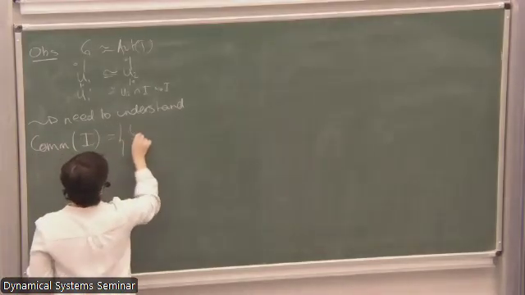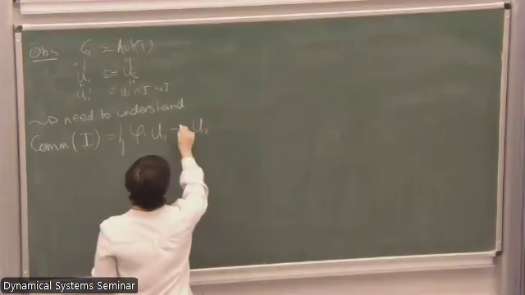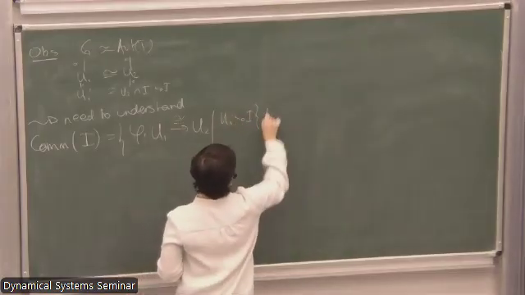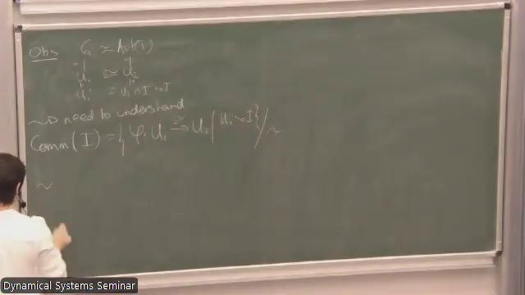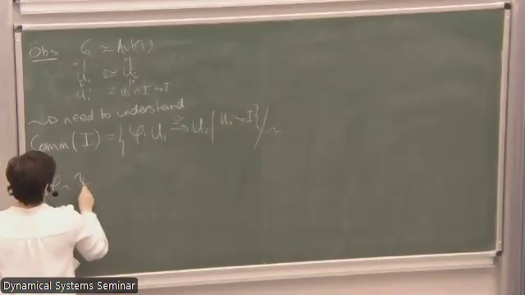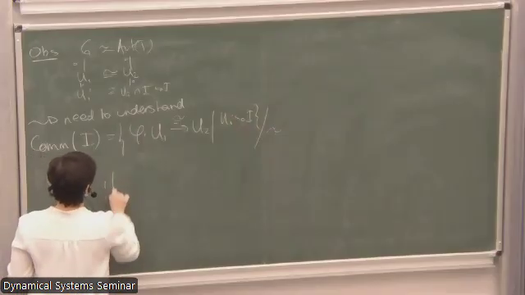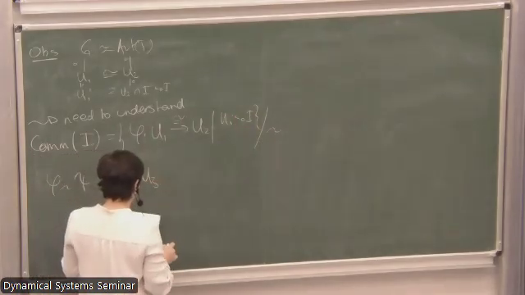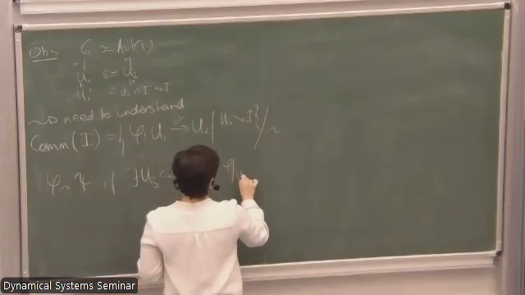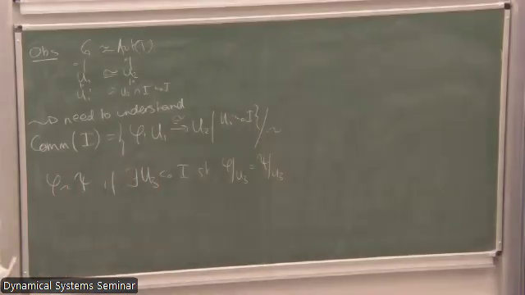So this is the group of all isomorphisms between open subgroups of I up to some equivalence relation. And the equivalence relation is that two such isomorphisms are equivalent if there exist U3 open in I such that phi and psi are the same when restricted to an open.